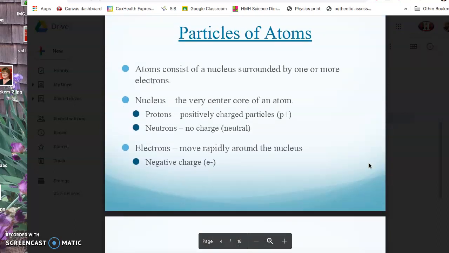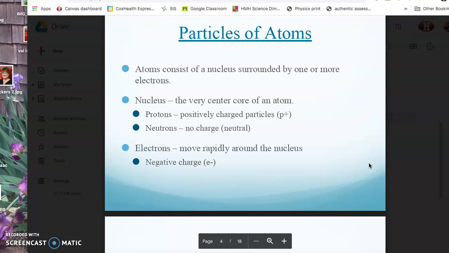Atoms have a center nucleus. So, right in the center is a sphere, with electrons around it. The nucleus is in the core and it contains protons, they're positively charged, and neutrons.